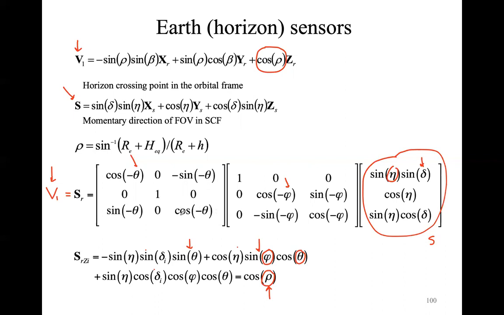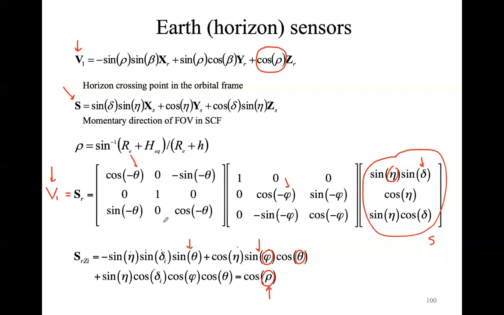You can see that if you use the third component of this vector, you have this sum of sine and cosine that depends on eta, that is known, delta, that is measured, and theta and phi that are your unknowns.